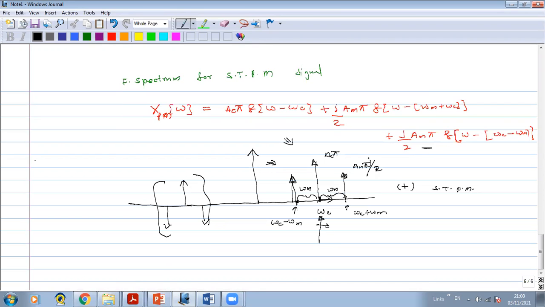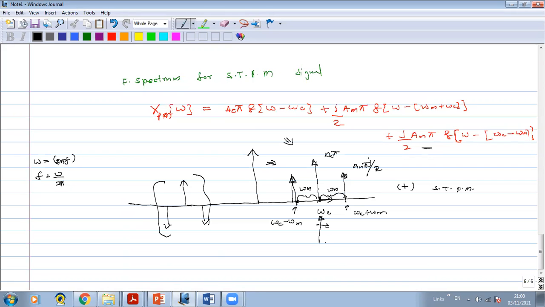Omega is equal to 2 pi f, so f is equal to omega by 2 pi, and instead of omega we can use this.